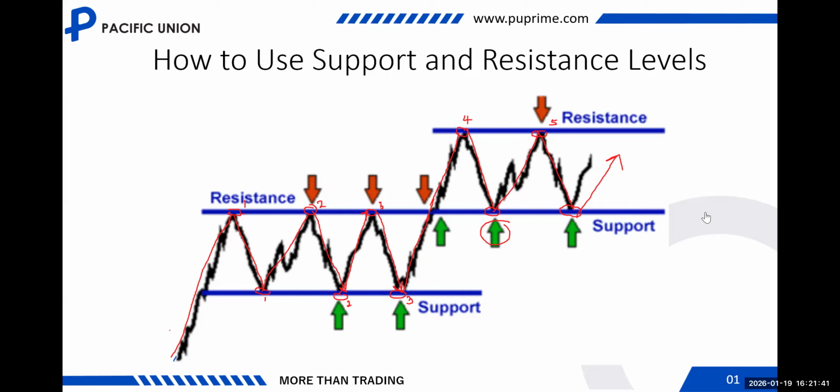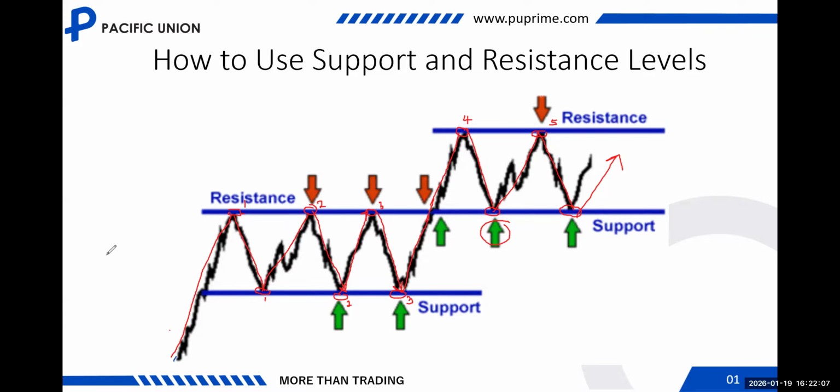Now, as a trader, this is how price moves. Price hits a resistance when it touches the same level a second time. From that second touch, you can look for an opportunity to sell. The same thing when it touches the support the second time, you can look for an opportunity to buy.